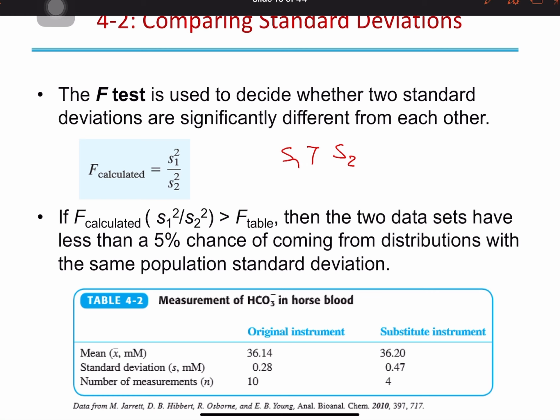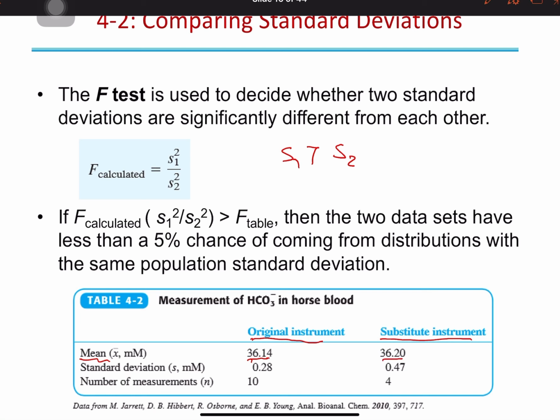For example, here, we are measuring the bicarbonate concentration in horse blood, so we ran the experiment using two instruments, an original instrument and a substitute instrument. The mean value for the first one was 36.14, the second one was 36.20.